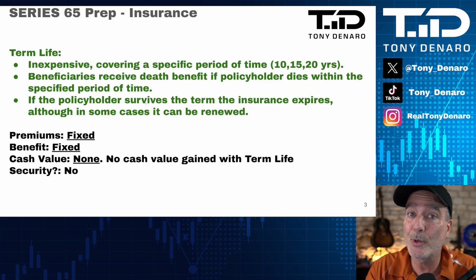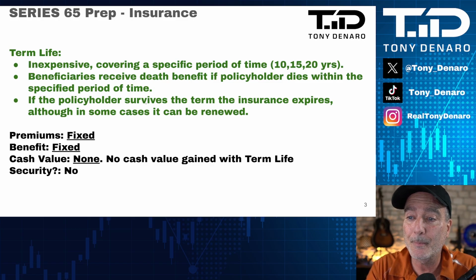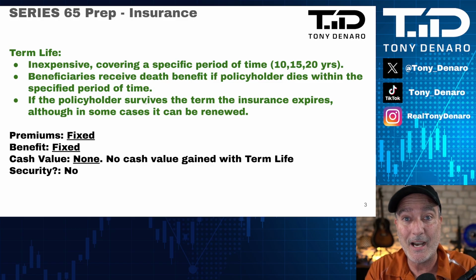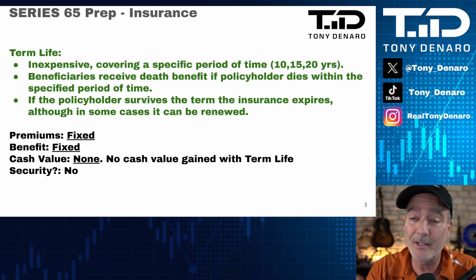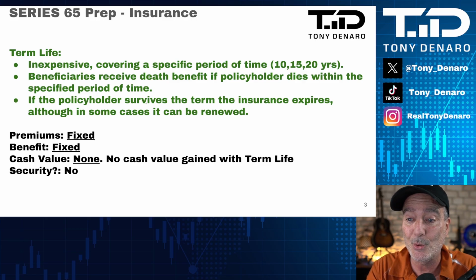If the policyholder were to pass away, the beneficiary gets the death benefit. And if the policyholder survives the term, 10, 15, 20 years, then typically the insurance will expire, although if you're young enough, you might have an option to renew it.